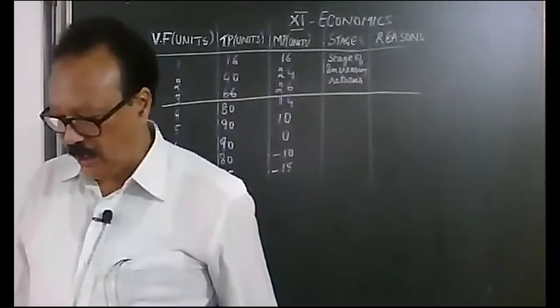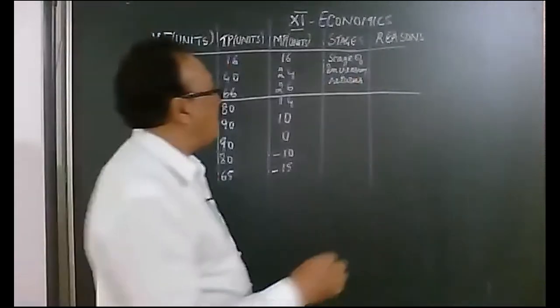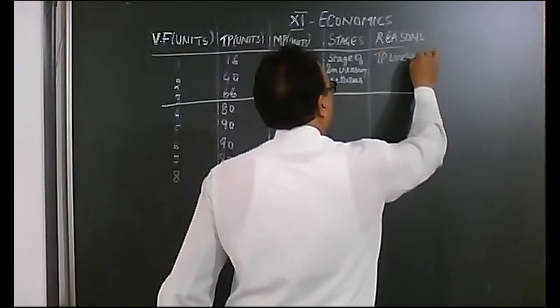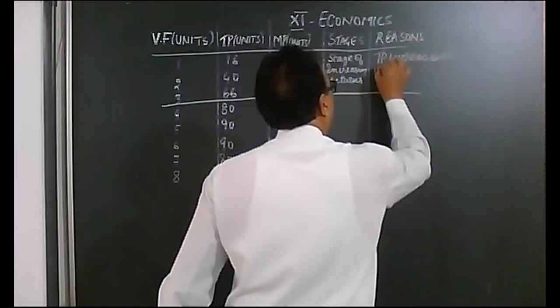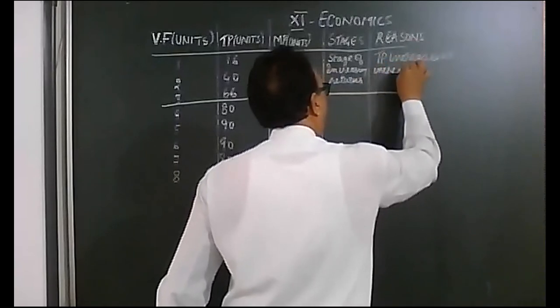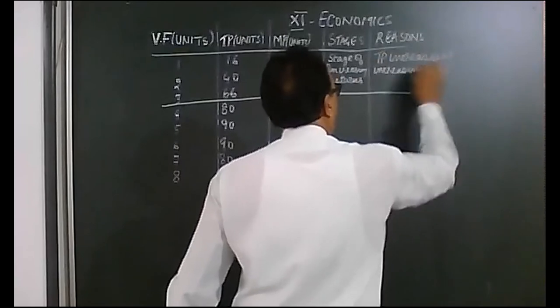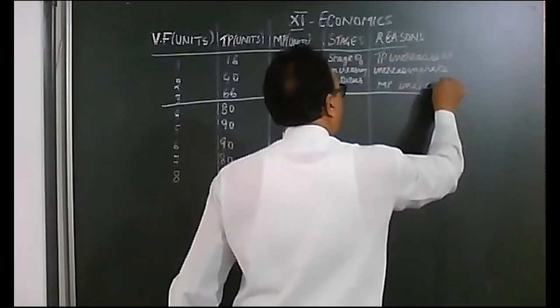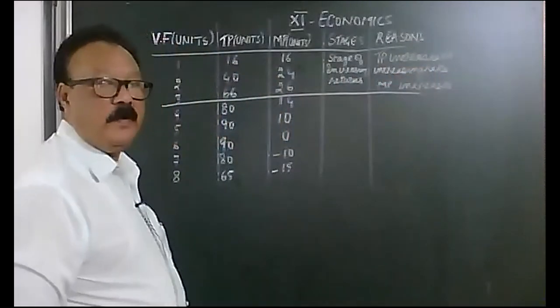Why? Because TP increases at an increasing rate and MP increases. This is the first stage we have identified.